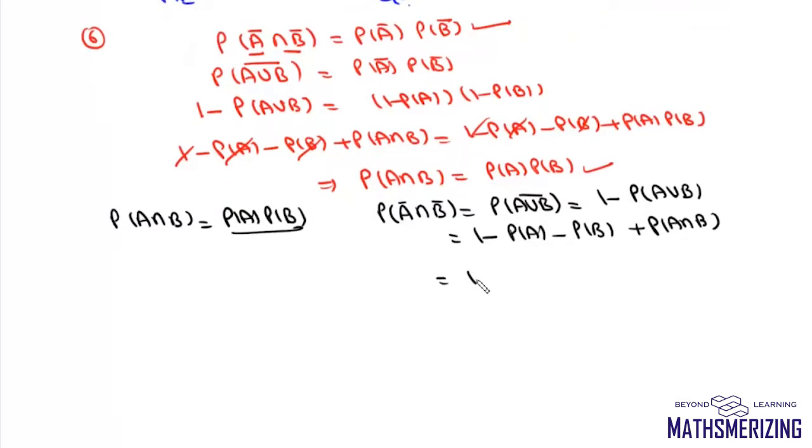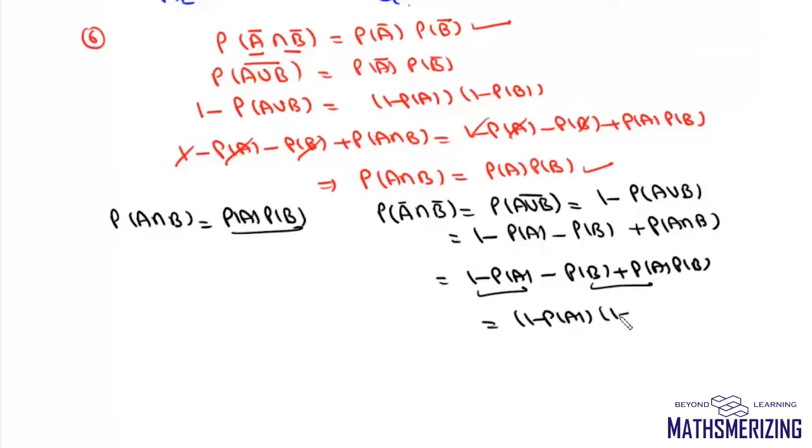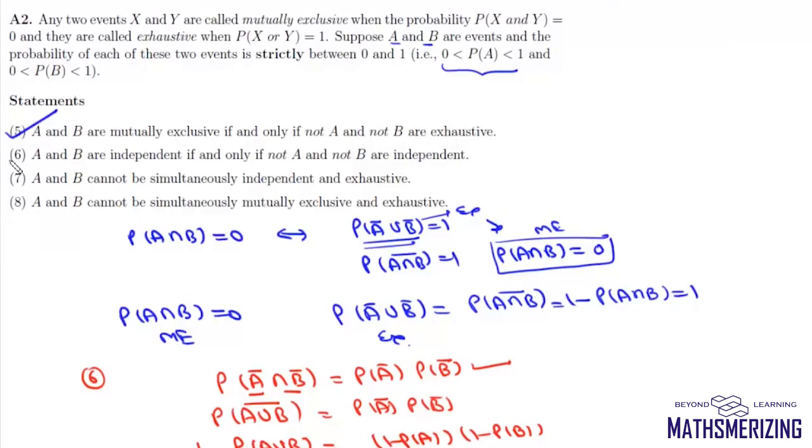So we can write this as 1 minus PA minus PB and plus PA into PB. Now if we take these together, then we can factorize this as 1 minus PA into 1 minus PB. So it will be this P(A naught) into P(B naught). That means A naught and B naught are independent. So that means this statement 6 is also correct.